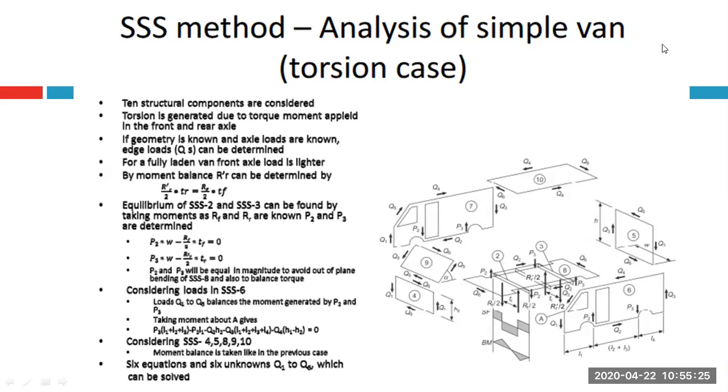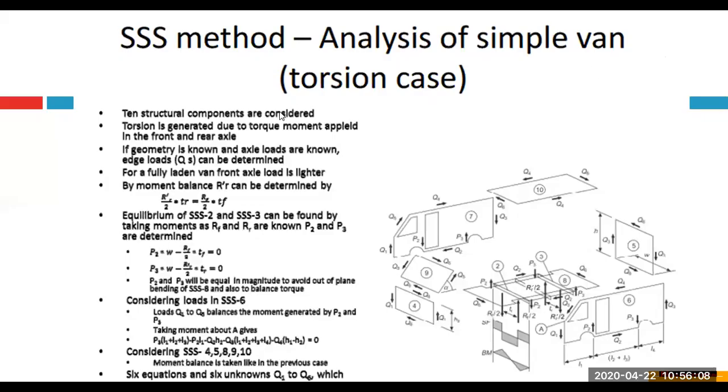By moment of balance about R dash R, you are able to determine the overall equilibrium forces. You can see the equation over here. R dash R upon 2 into TR is equal to RF upon 2 multiplied by TF.